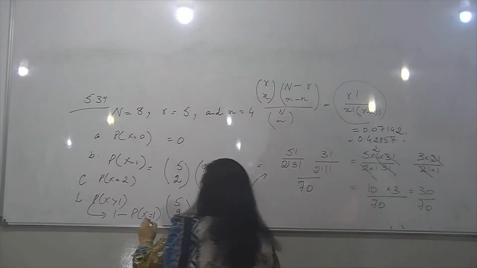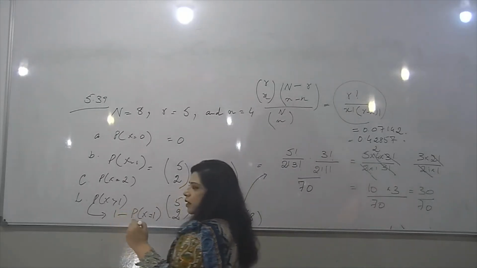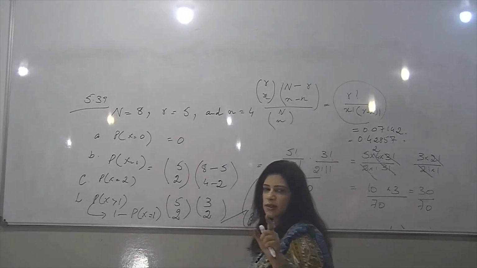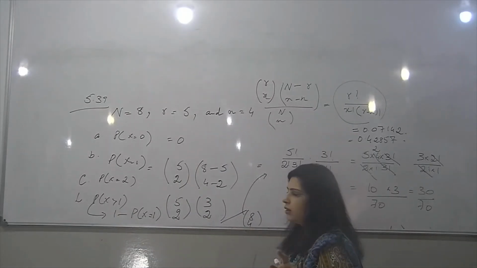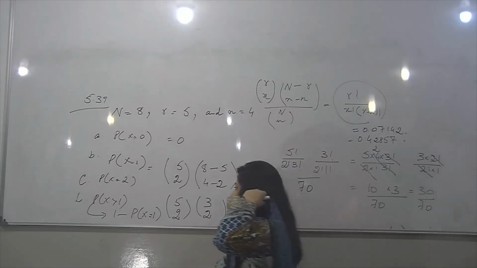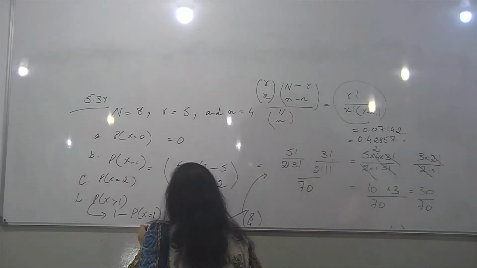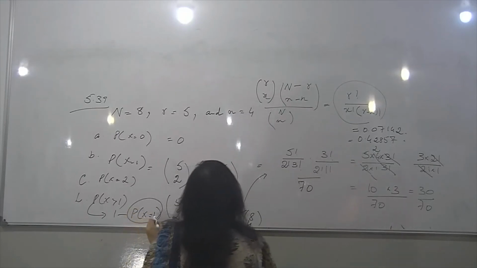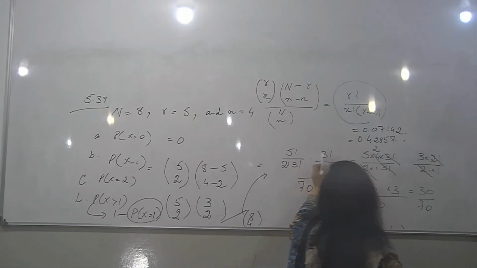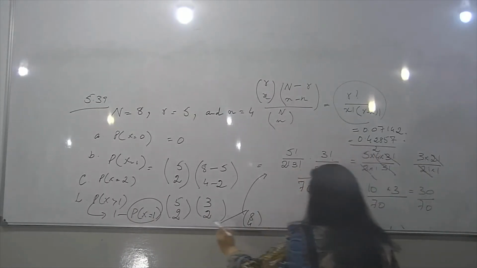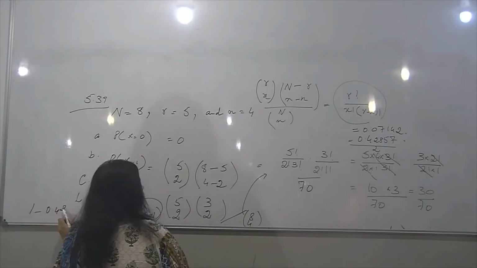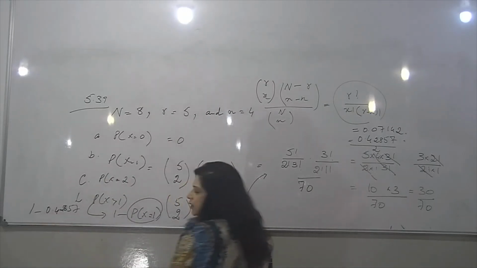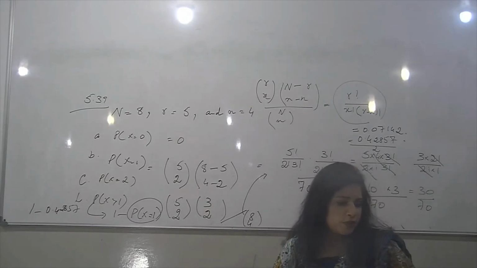So just go and visit that lecture if you don't understand what is complement, and you can also do section 6 of this book, which is by Stefan Weiner and Stephen Kostinoble, and this is Finite Mathematics, 7th edition. Okay, so when you have 1 minus probability of x equal to 1, we have already done this here. So I'm going to be writing it as 1 minus 0.42857.